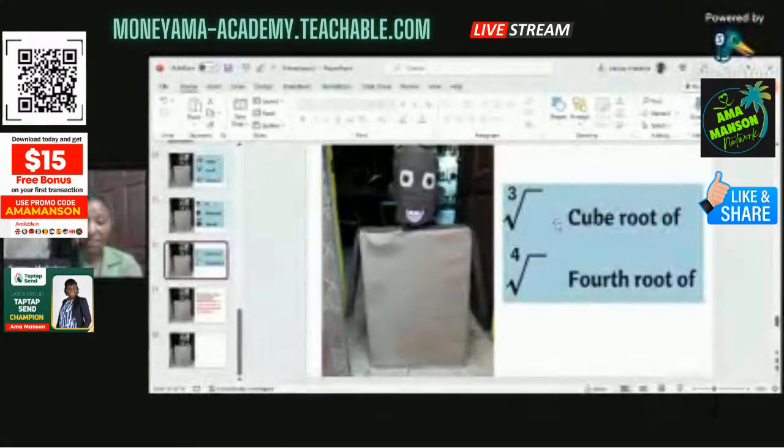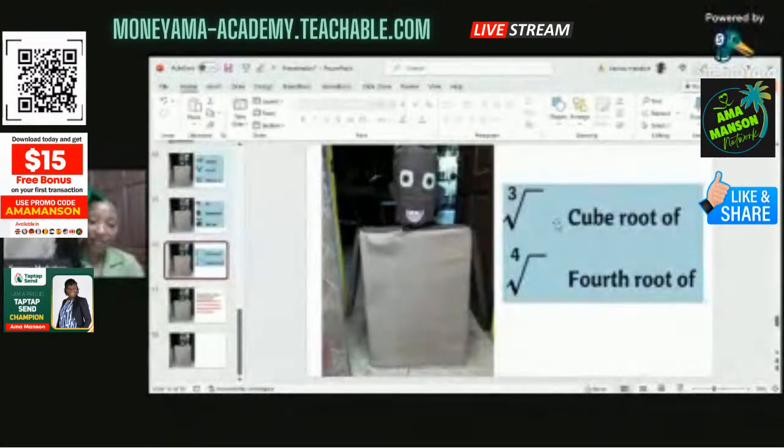3 times 3 times 3 gives 27. So 3 cubed, 3 with a little 3 at the top. The little 3 at the top to the upper right-hand side tells you how many times you're multiplying the number by itself. And of course, we're going to do each of these in more detail as we go along. So 3 to the power of 3, or 3 times 3 times 3, gives 27.